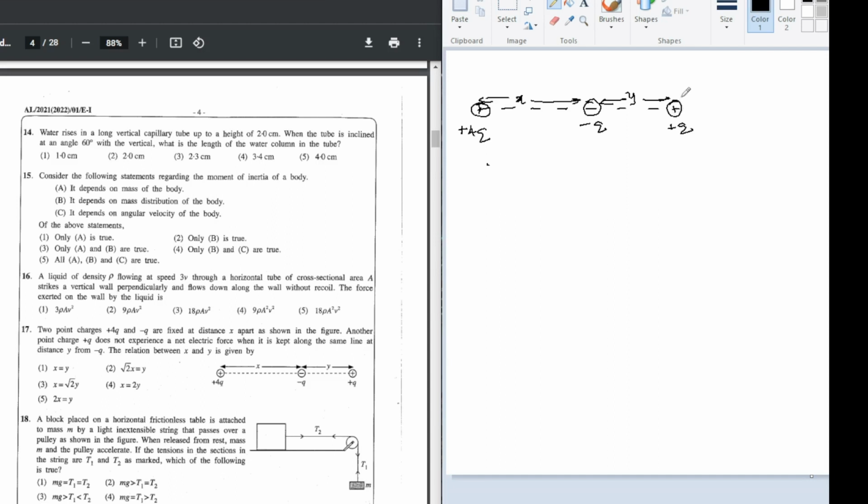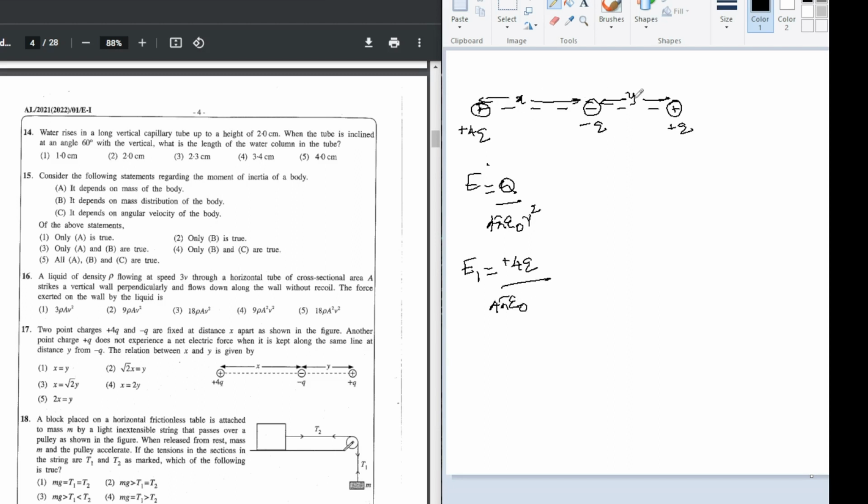Now we check for the electric field strength due to these two charges. The electric field strength is given by the equation Q over 4 pi epsilon naught r squared. Now we check for the electric field strength at this point due to the plus 4q charge. We say that electric field strength is E1. E1 is equal to, now Q is plus 4q, divided by 4 pi epsilon naught.